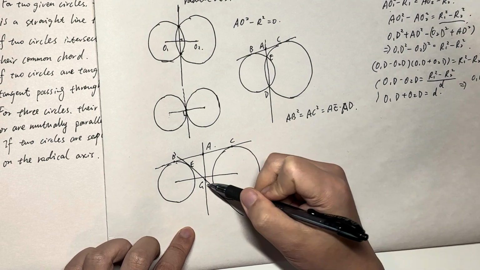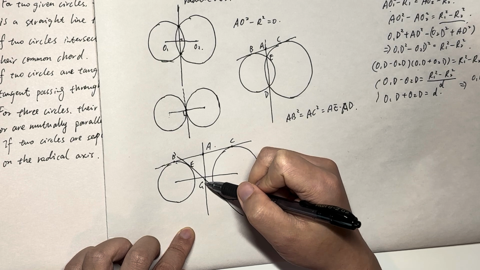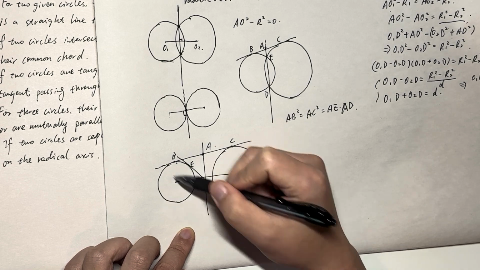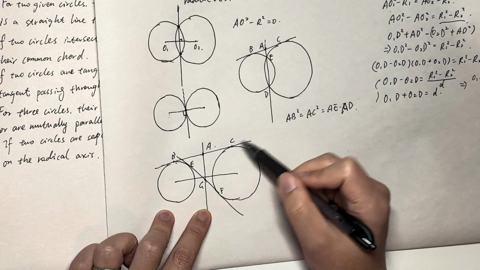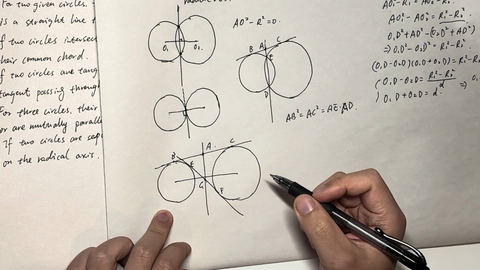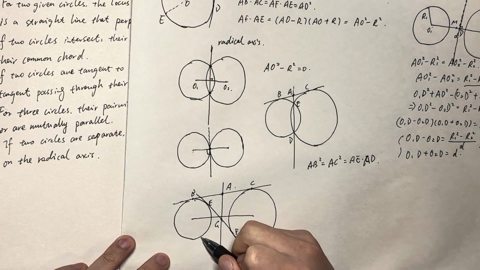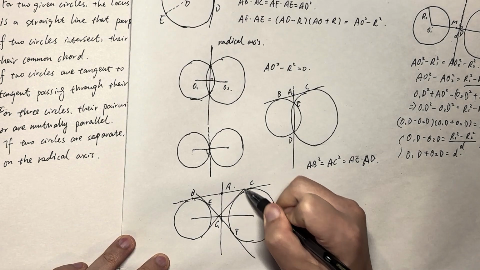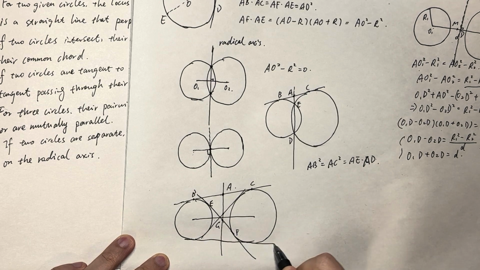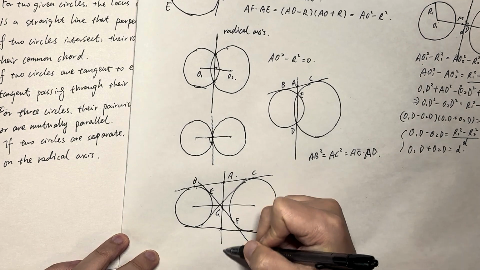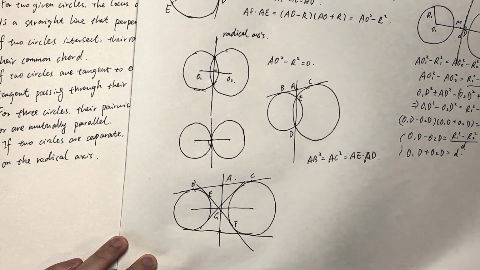So GE squared is the power from G with respect to O1, and GF squared is the power with respect to O2, and they are equal. So we know that the midpoints are all on the radical axis.